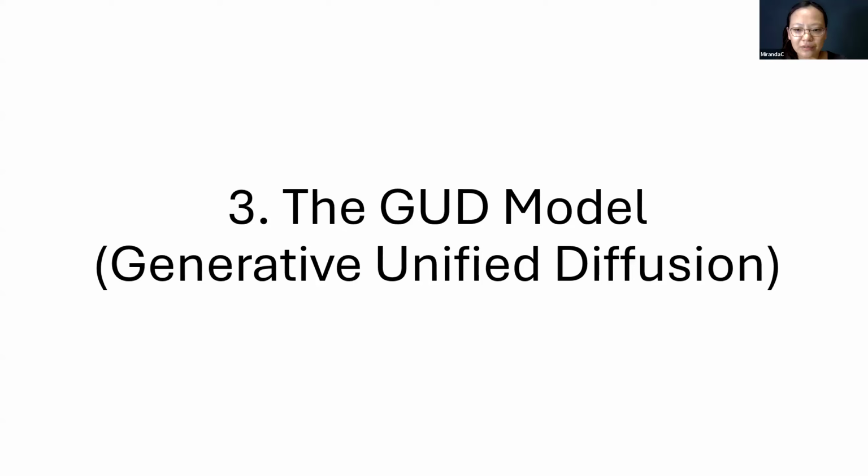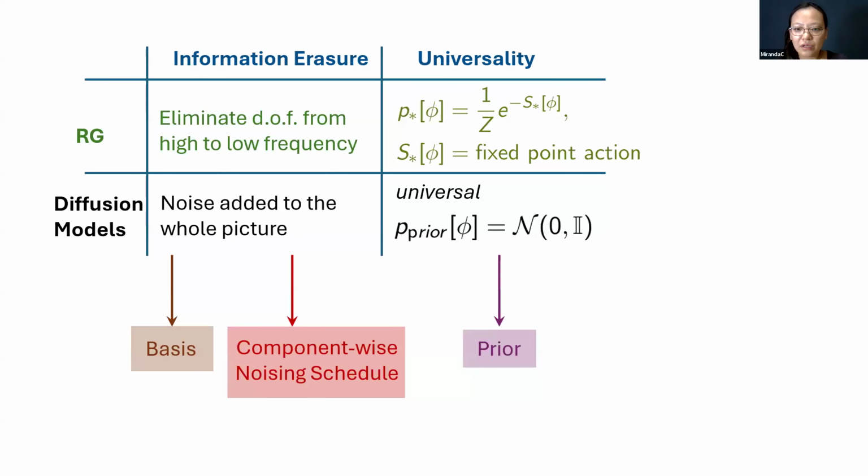Okay, so we're done with the background. Now I'm going to explain what we do in the paper. This comparison between RG and diffusion was one important lesson for us to start considering three choices we have made along the way of building a diffusion model. The first is the basis.